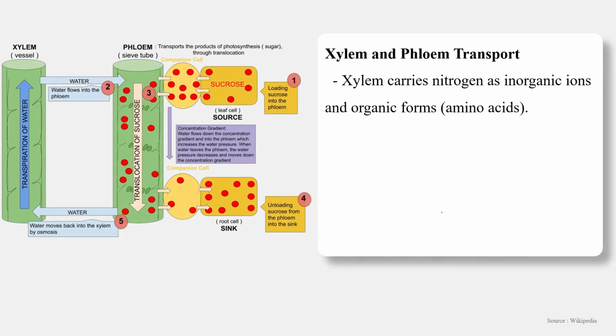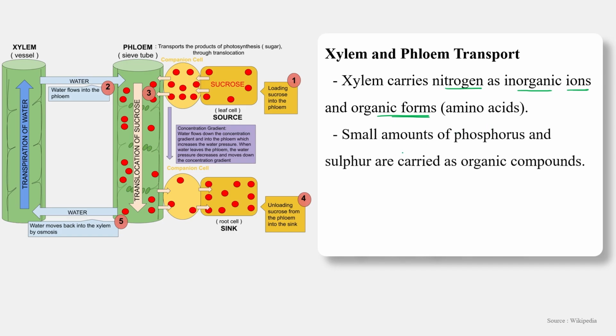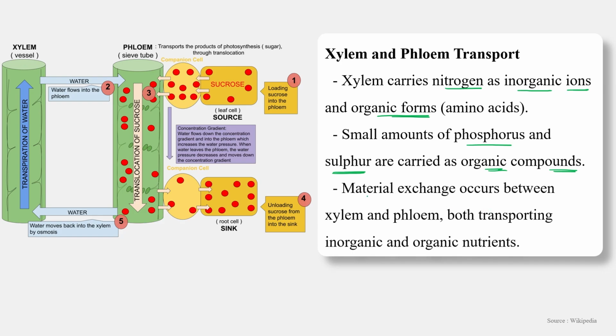Okay. Now xylem and phloem transportation. Xylem carries nitrogen as inorganic ions and organic forms as amino acids. A small amount of phosphorus and a small amount of sulfur are carried as organic components, right?